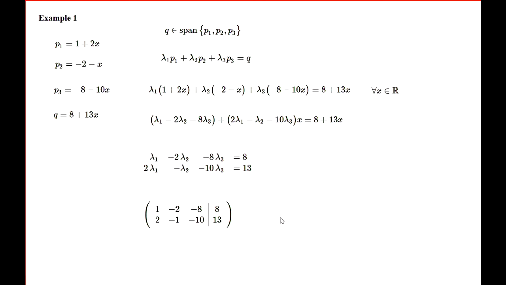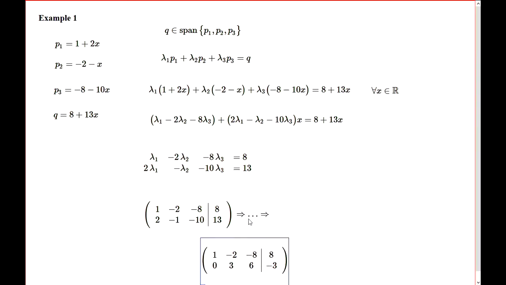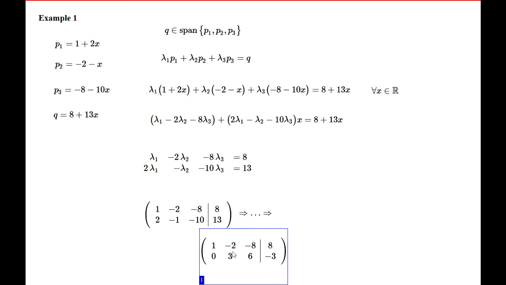We convert this to the row echelon form. These are my steps. Oh, sorry. I hide the steps as I always do now. It's only one step actually, because it's only two rows here.